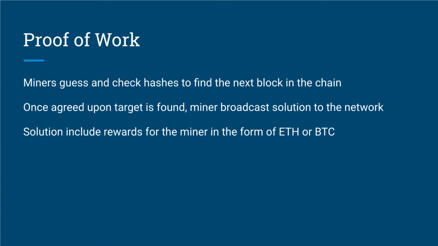In a proof-of-work consensus system, miners compute complex mathematical hashes, trying to guess the next ones to be used in the blockchain hash sequence. Once the next good hash has been found, the miner is rewarded in the form of cryptocurrency. This reward is for performing the mathematical compute work that the miner did.